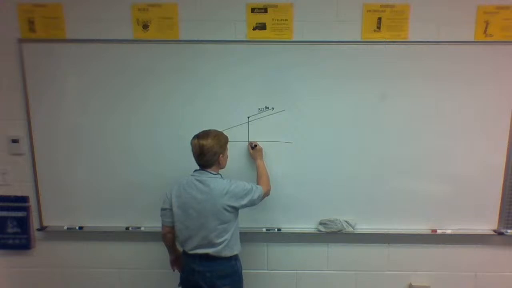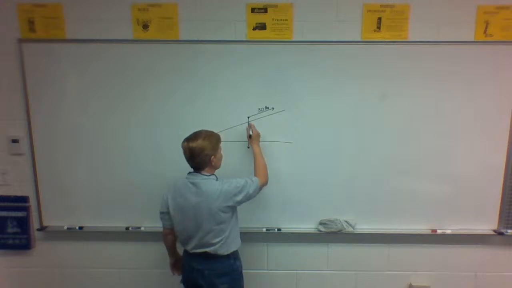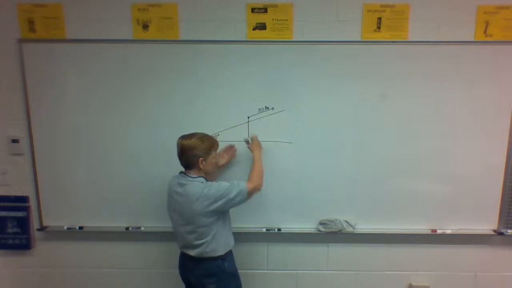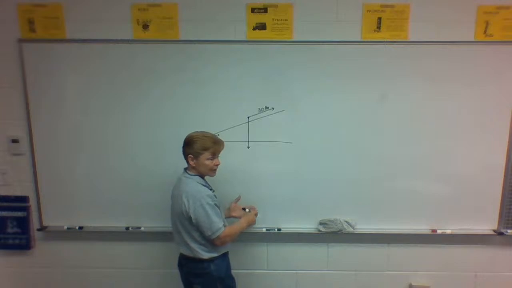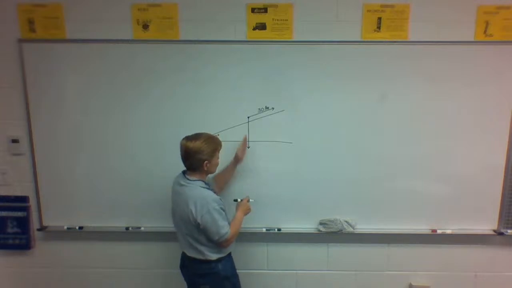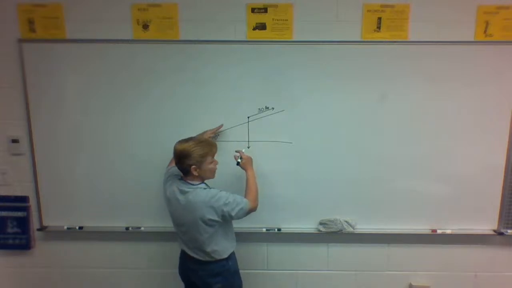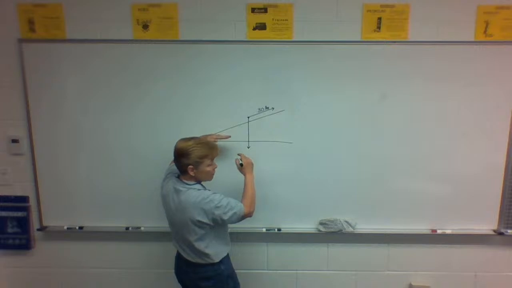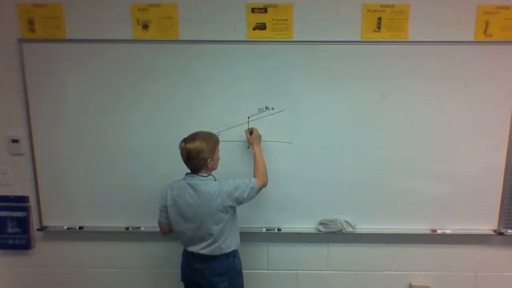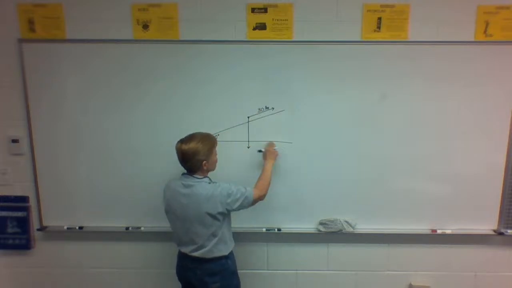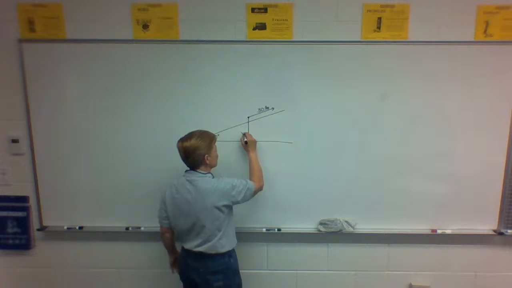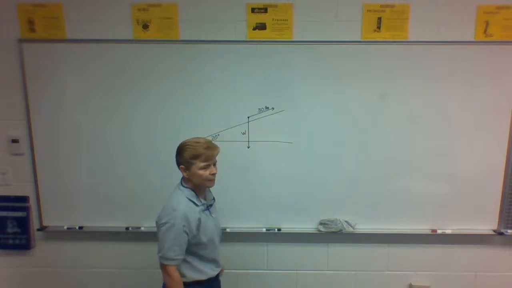And weight acts directly straight down, perpendicular to the ground, to the center of the earth. That's how gravity acts. The single point of the center of the earth. So this is going to be perpendicular to the ground, which we raise the ramp up off of. You with me? So this vector right here, as it comes down, has to be perpendicular to the ground. And this is the weight vector that we seek.